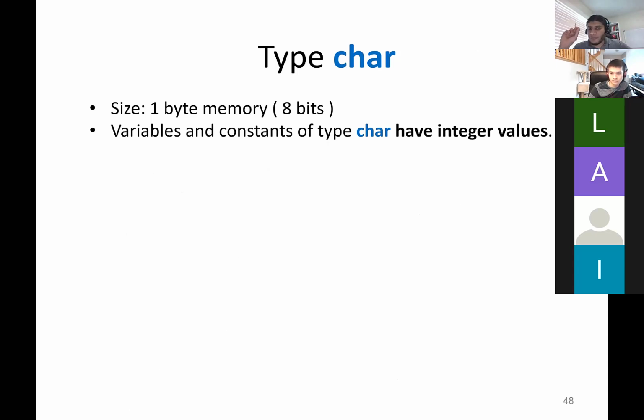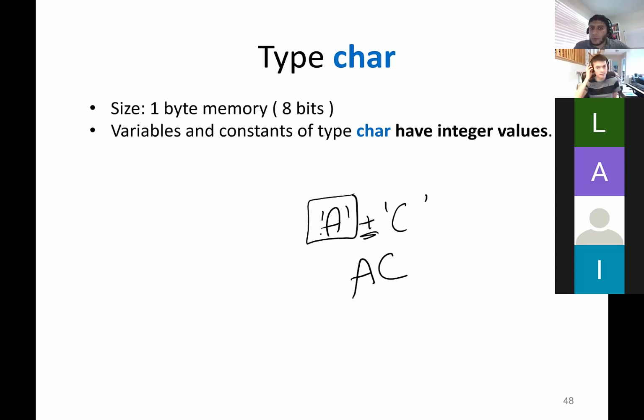And this is something that maybe differentiates C from other languages. For example, I can do something like A plus C. In some languages, this plus can mean concatenation, and you would expect AC as a result. On the other hand, C is doing something different. C sees characters as an integer, so it will replace A with its integer representation, and we will see now what that means.